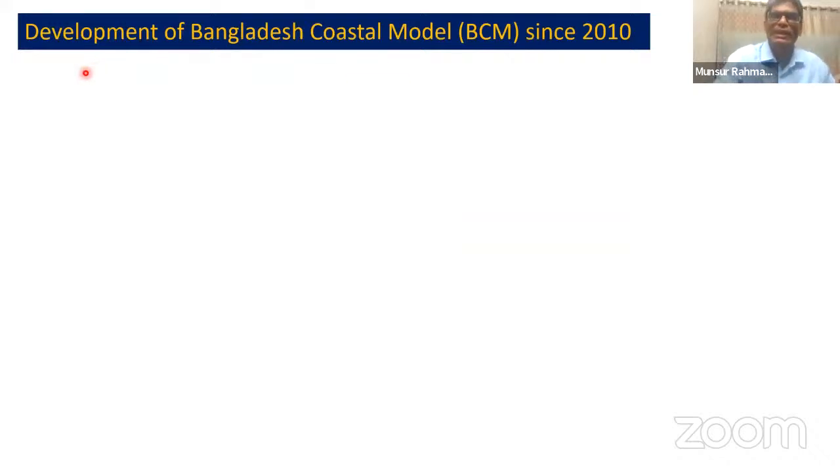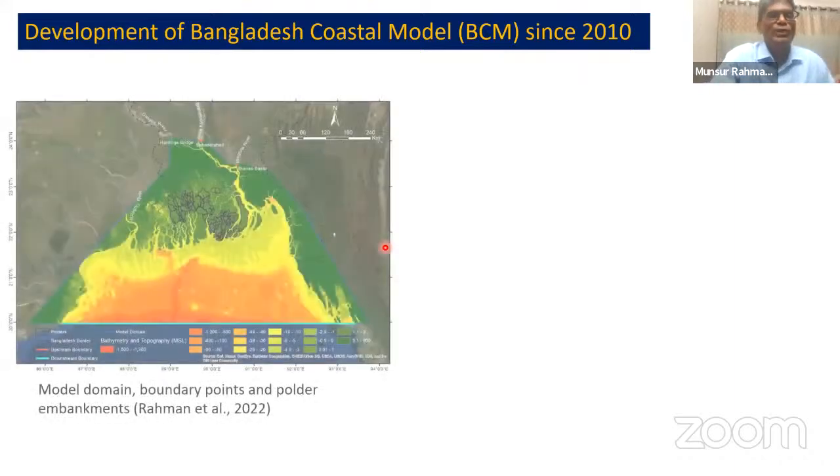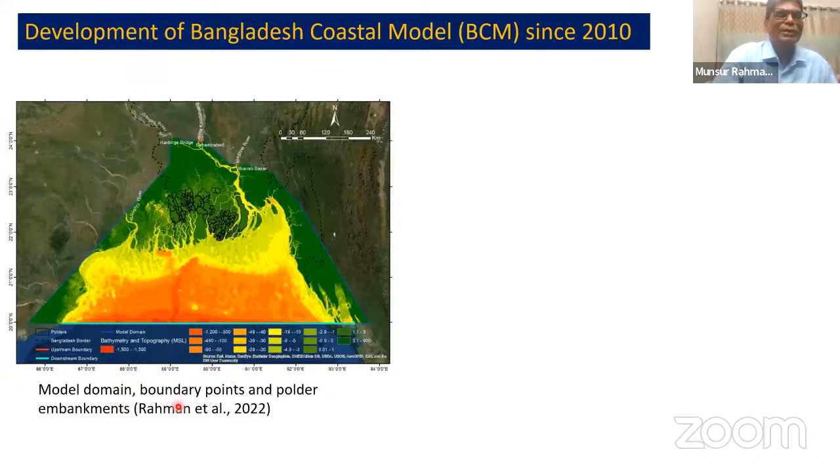To sort out these things and to answer the questions that I raised, we developed the Bangladesh coastal model over the last decade, using resources from nationally and internationally collaborative research projects, where many people nationally and globally worked together to develop this model. We have the boundary domain of the coastal model, and we have the polder information inside this domain.